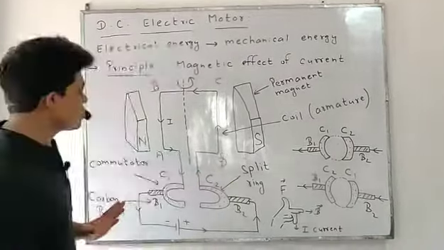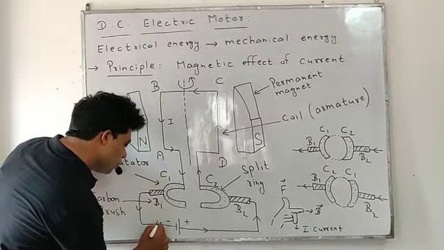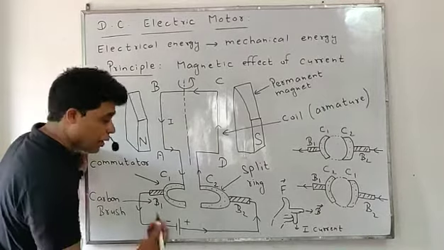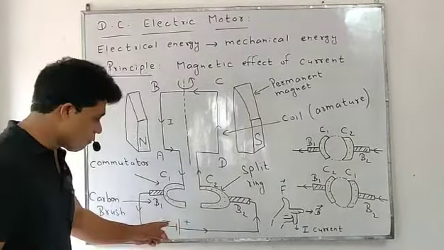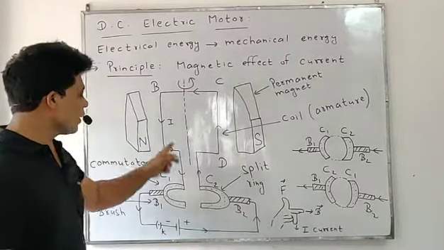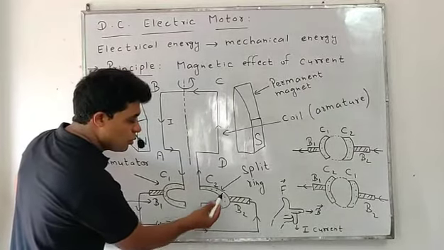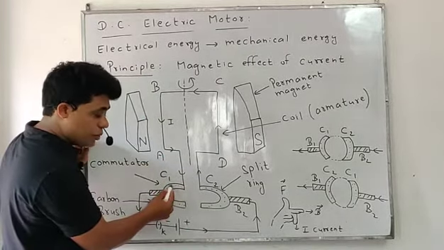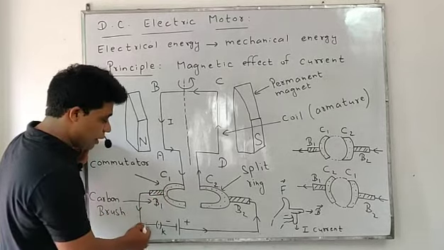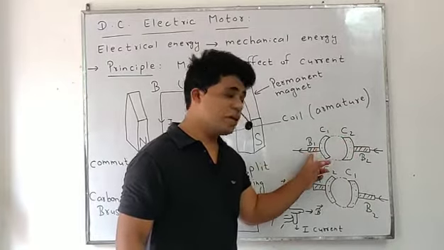Okay students, how it works. When the switch is on, in that condition current flows from the positive terminal of the cell towards the negative terminal. It will travel from brush B2, C2, through the coil, C1, brush B1 and the negative terminal. So the direction of current is B2 C2 C1 B1.